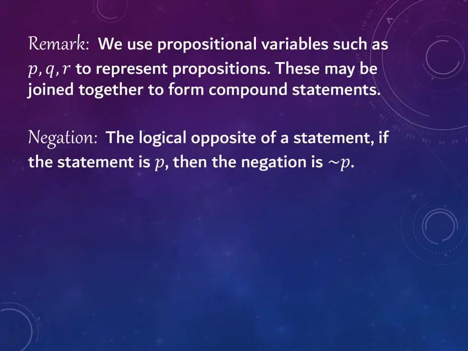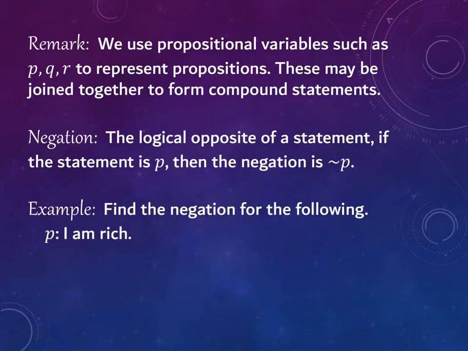And we would read it in one of a variety of ways. We can read it as the opposite of P, the negation of P. And we're going to find the negation of a very straightforward sentence right now. I am rich. What would the negation of I am rich be?